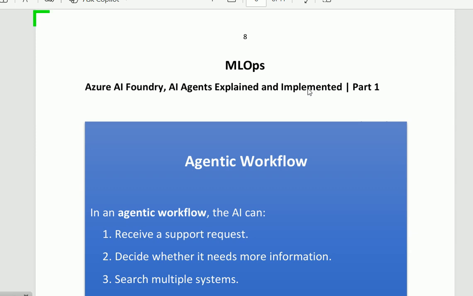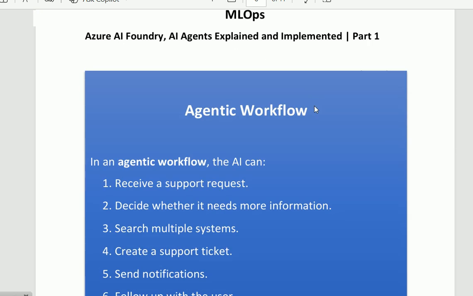Again, the theory is very important so that you have a good concept when you are implementing the AI agent using the Azure AI Foundry. Because in this series, I shall also implement the AI agent for the dashboard.